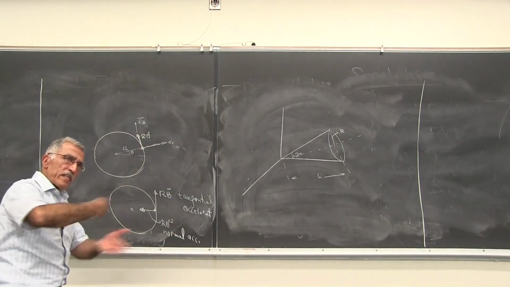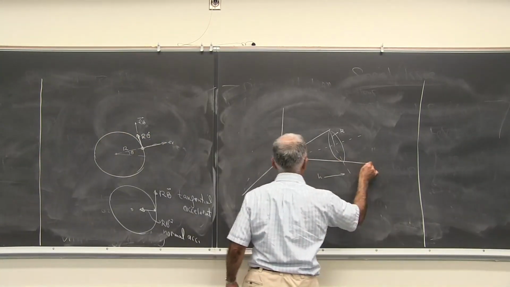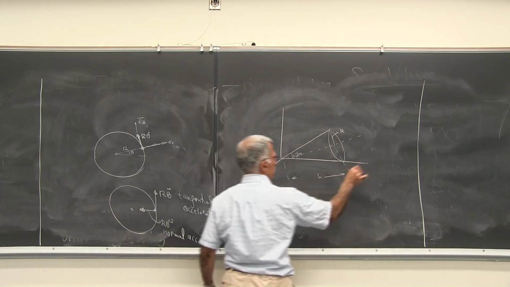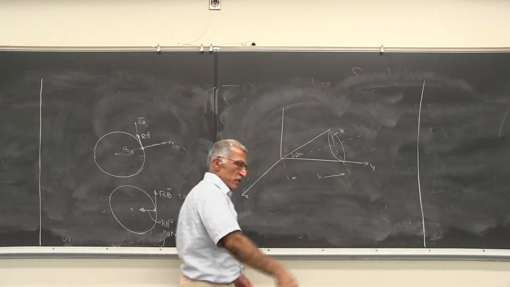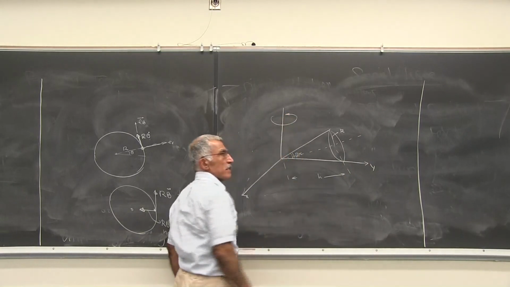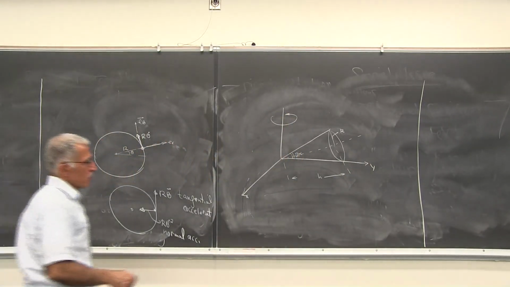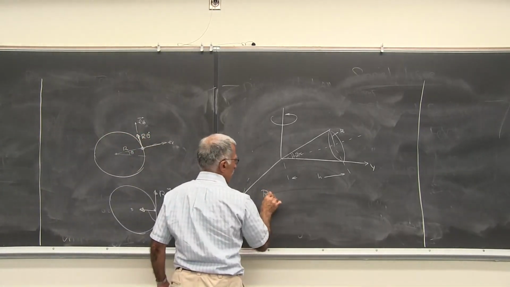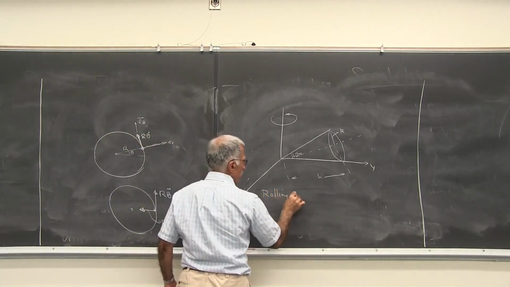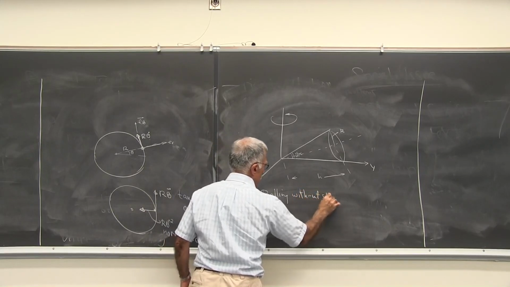And this cone is rolling in the plane of x and y with no slip. So it's going around the circle, rotating around this axis, rolling without a slip.